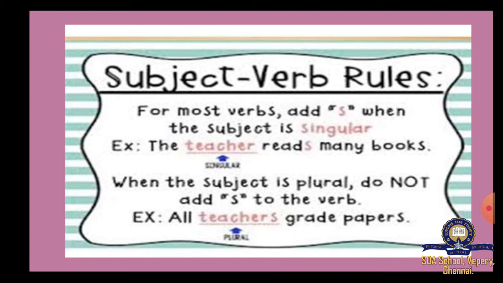Yes. So we must remember, when it is an action verb and the singular subject will not have an S, but the verb will have an S. But when it becomes plural, the subject will have an S and the verb won't have an S.